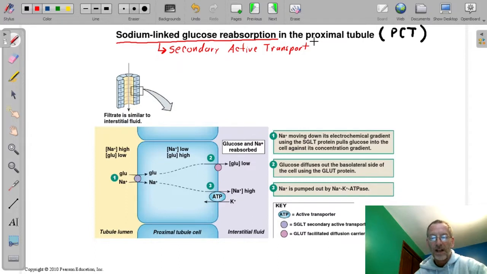Again, we're staying in the proximal convoluted tubule for this entire lecture on reabsorption in the PCT. What this shows, and should look familiar, is that we just created the sodium gradient previously, so we're still out here in the lumen, and now we are trying to reabsorb the glucose. And the sodium diffuses in, and at the same time through this channel in comes the glucose.